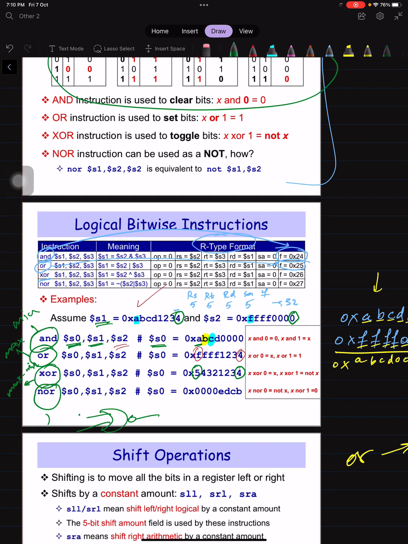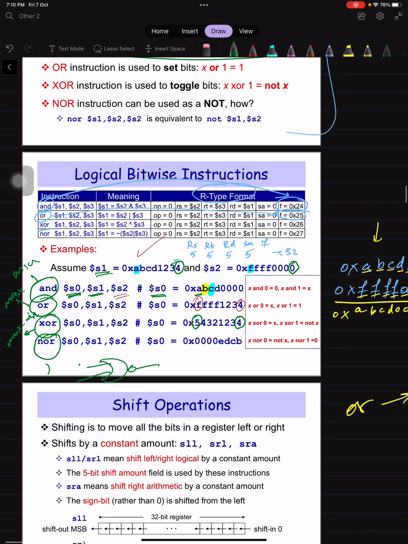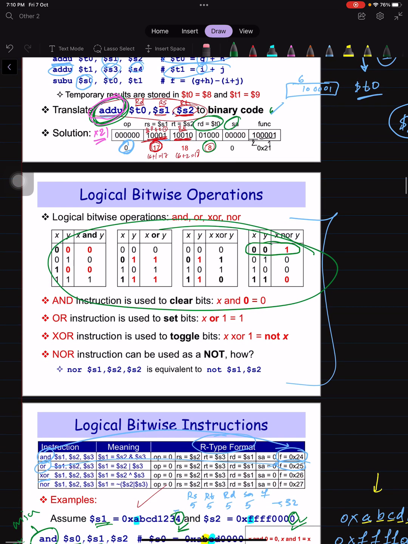Otherwise we will not have it. So for example, if we take the 4 and the 0 here, we know that the 4 is actually 0100, and the 0 is actually 0000. We said that the NOR will give me a 1 only if I have two zeros, not two ones.